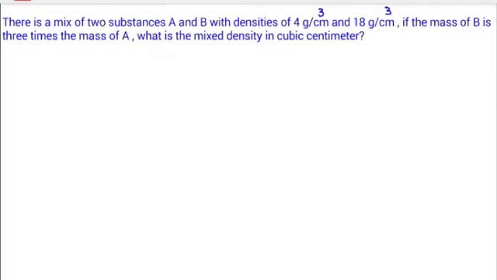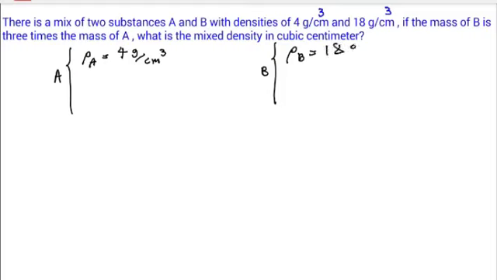So for answering this question, we first make two brackets again for fluid A and fluid B. The density of fluid A is 4 grams per centimeter cubed, and the density of fluid B, I should write it here, is equal to 18 grams per centimeter cubed.